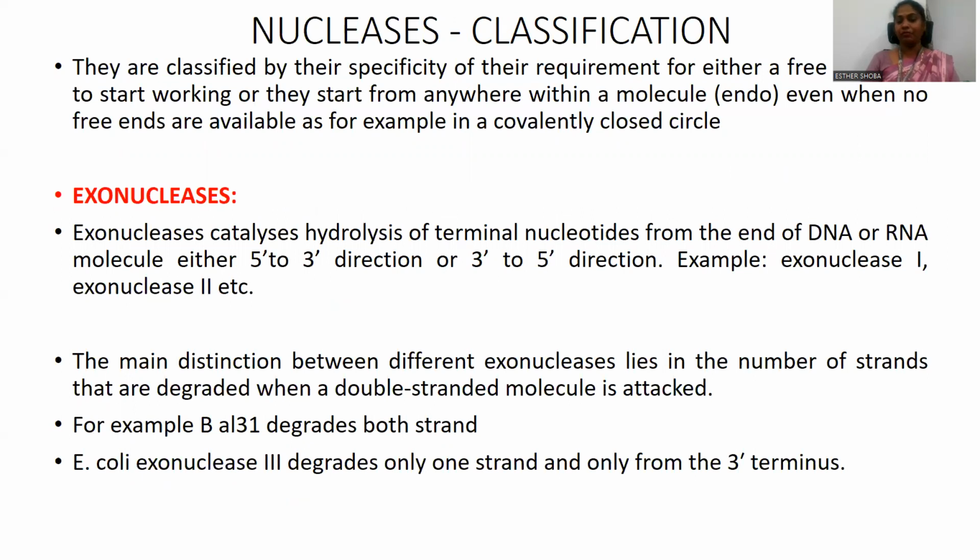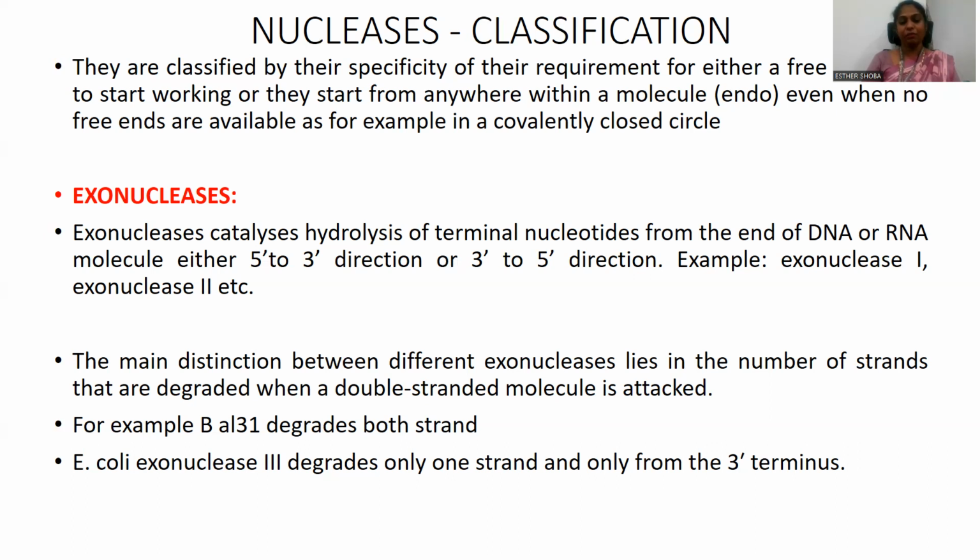For example, we have exonuclease 1 and exonuclease 2. The types of exonucleases differ in their action, whether they act upon a single-stranded or a double-stranded DNA molecule, or whether they degrade both strands of a DNA molecule. For example, we have BAL31.